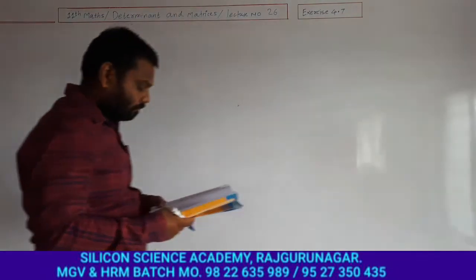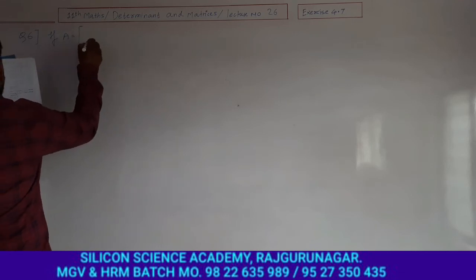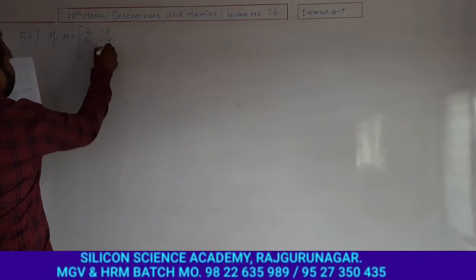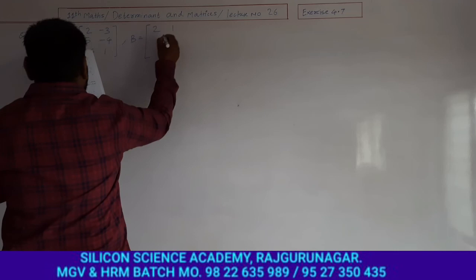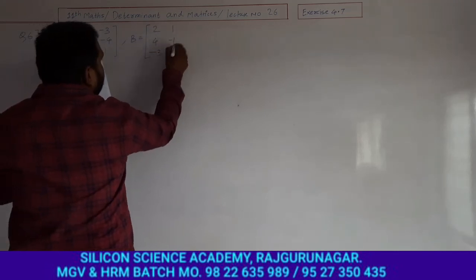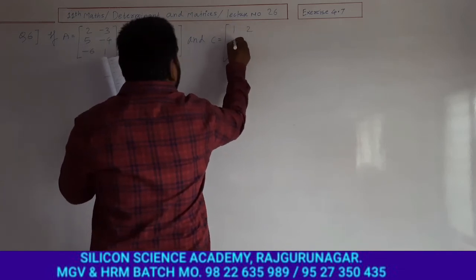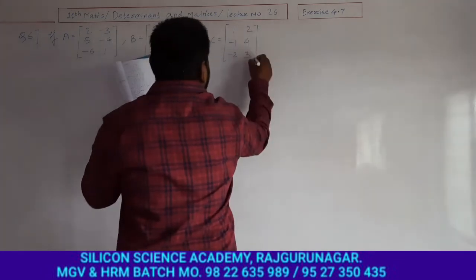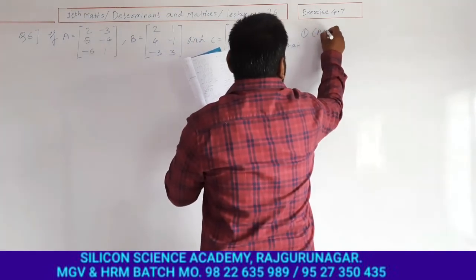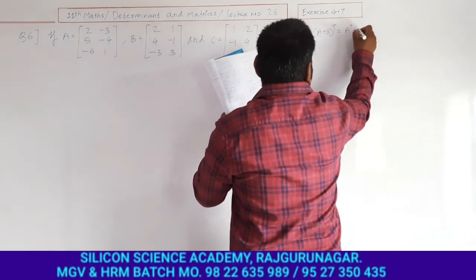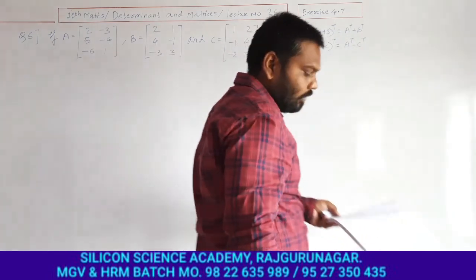If A is equal to 2, minus 3, 5, minus 2, minus 6, 1, B is equal to 2, 1, 4, minus 1, minus 3, 3, and C is equal to 1, 2, minus 1, minus 2, show that (A plus B) transpose is equal to A transpose plus B transpose, and the second example is (A minus C) transpose is equal to A transpose minus C transpose. This is very easy sir.